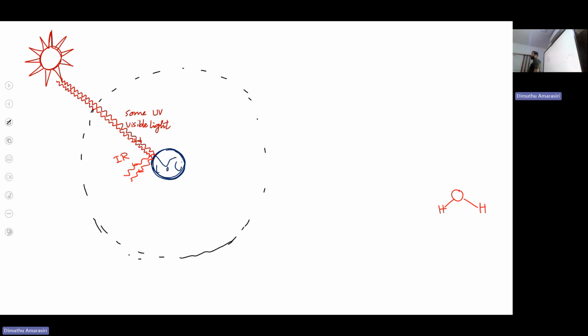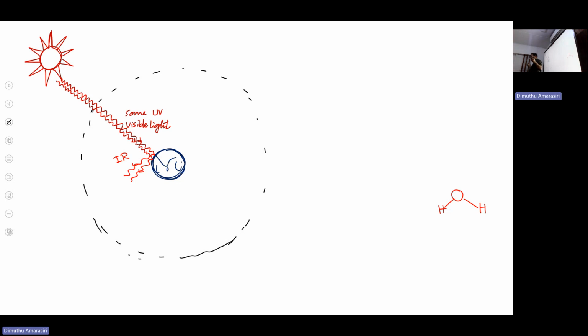Water molecule. My wrist is like this and this wrist is also like this. Because my body is oxygen and the two arms are the bonds. So these two bonds undergo vibrations like this. Bonds compress, bonds stretch.